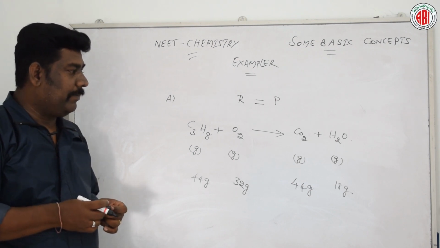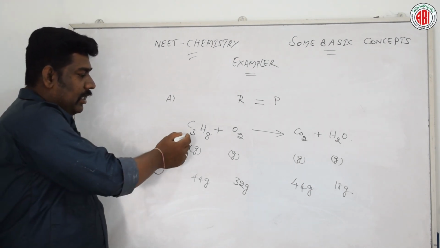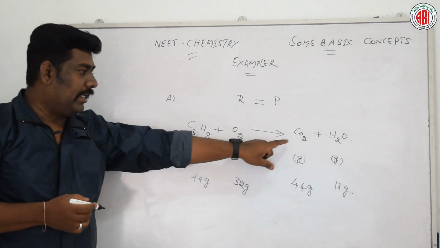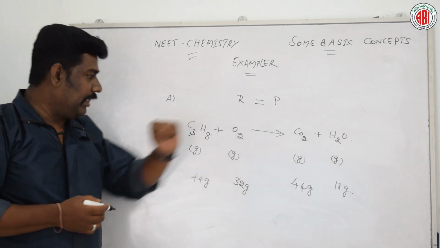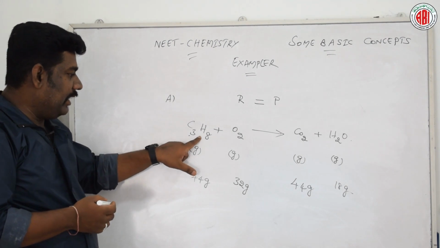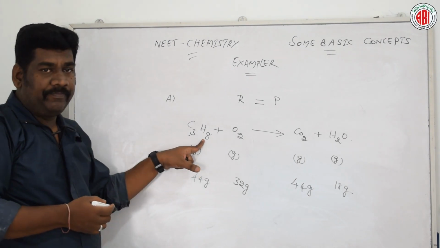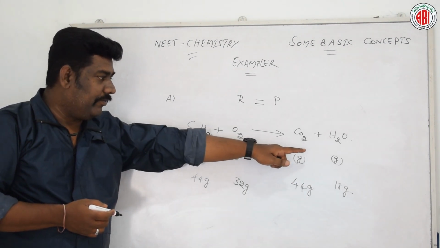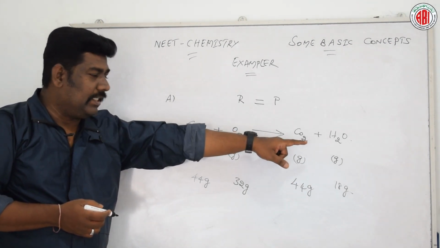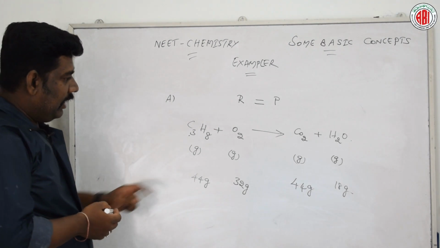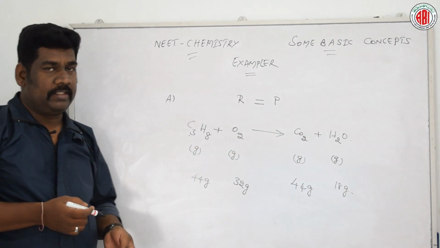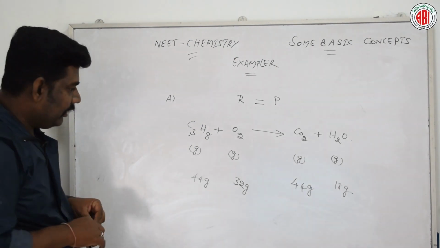The equation could not balance. Here carbon is 3 on the reactant side, whereas on the product side carbon is 1. Hydrogen here is 8, whereas on the product side hydrogen is 2. And oxygen here is 3 (2 plus 1), whereas 2 oxygens are there. It is not balanced.